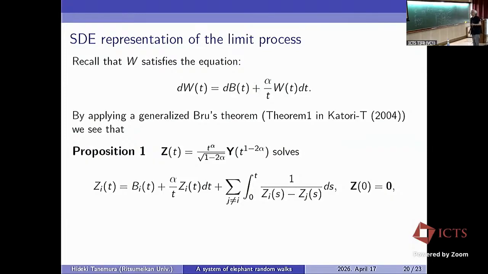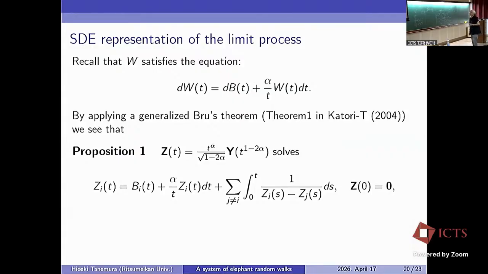This was originally Fisher's process, and we can generate it by the same argument. We can get the relation between the Hermitian random matrix and a stochastic differential equation. And in this case, W is this kind of thing.